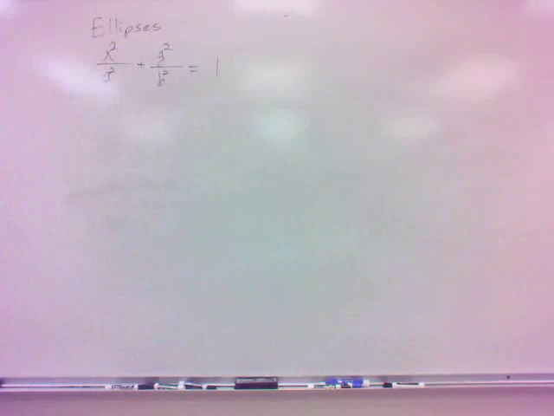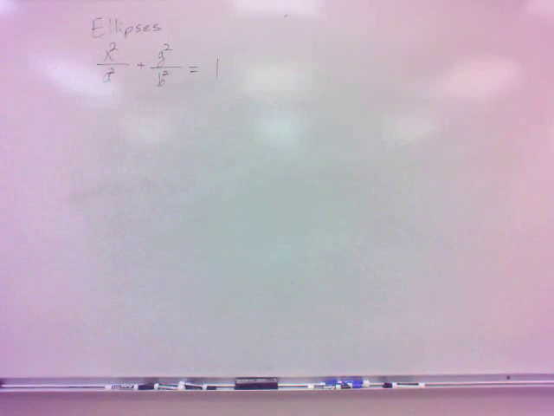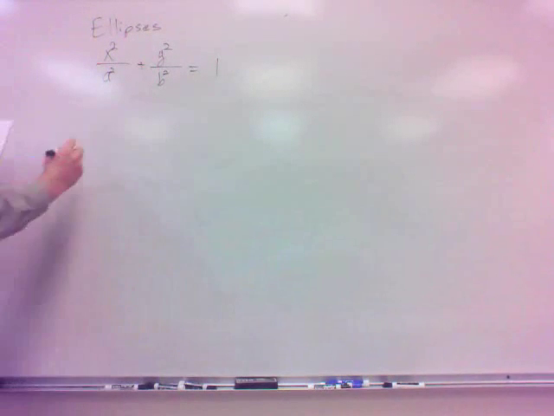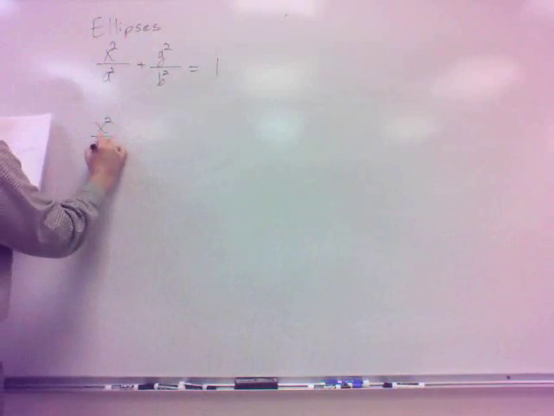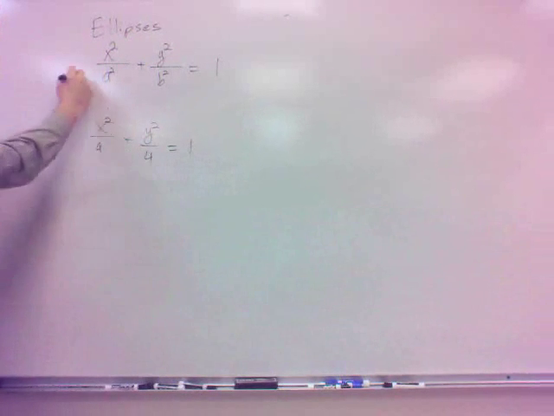One of them we did looked like this: x squared over a squared plus y squared over b squared equals 1, and we're just using a squared and b squared for just the numbers. It could be 16 and 25, whatever the case may be. So, for example, x squared over 9 plus y squared over 4 equals 1. That would be an example of that.